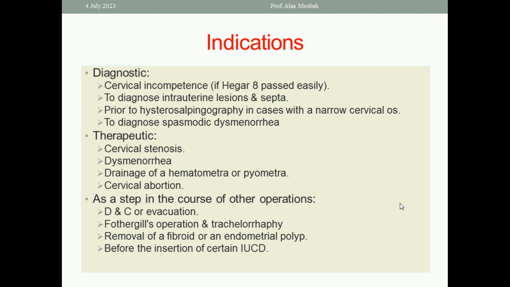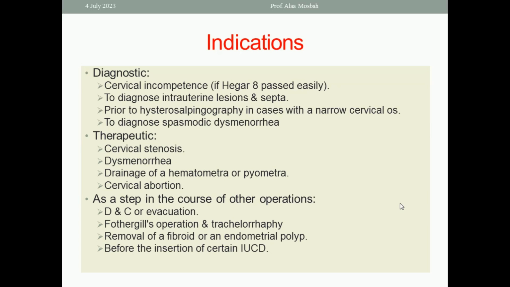Diagnostic for cervical incompetence: if Hegar 8 passes easily, this indicates cervical incompetence. Also to diagnose intrauterine lesions and septum, superior to hysterosalpingography in certain cases with narrow cervical os. You may need a Hegar dilator to dilate the cervix. To diagnose spasmodic dysmenorrhea.